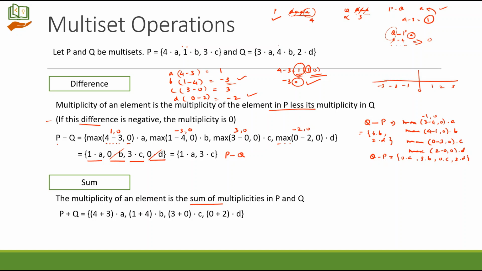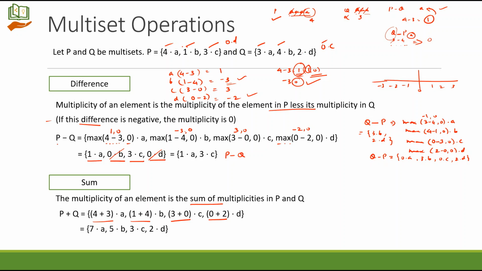We have to just add both the multiplicities. 4 plus 3 for A, 1 plus 4 for B, 3 plus 0 for C, and 0 plus 2 for D. What will be the answer? 4 plus 3 is 7 times A, 1 plus 4 is 5 times B, 3 plus 0 is 3 times C, 0 plus 2 is 2 times D. This is the sum operation.